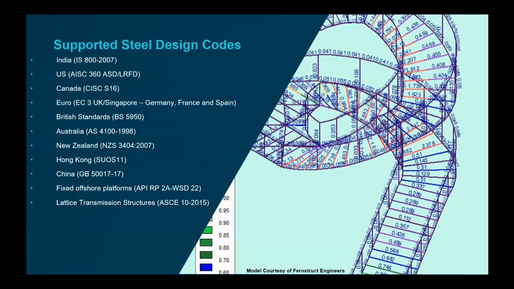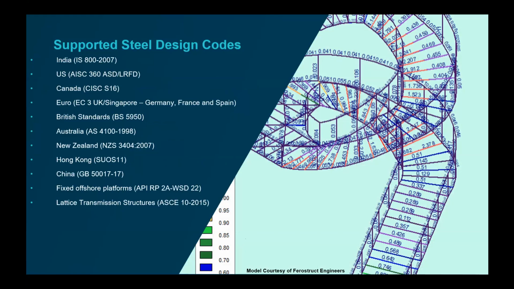So, for example, in the case of the US, we have codes for different methodologies and different versions. The same applies for Canada, and of course, the Eurocodes or the EC3 also has different national annexes, which is what we will focus on today.